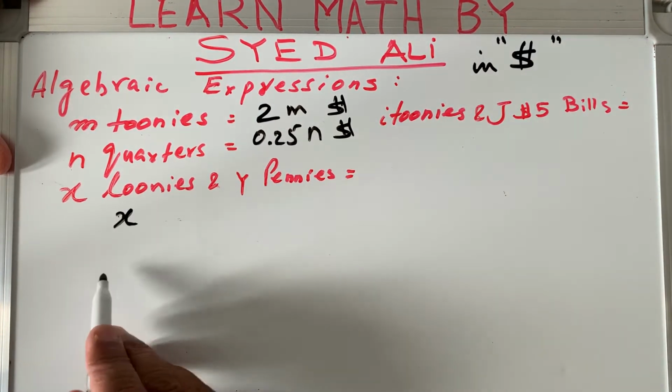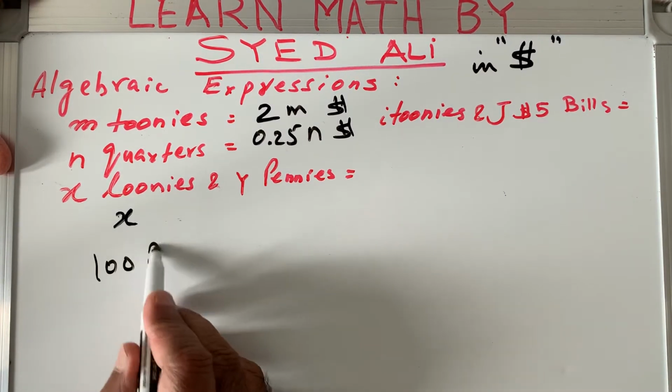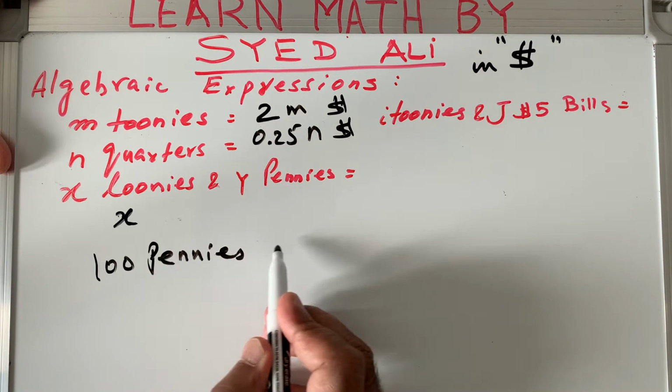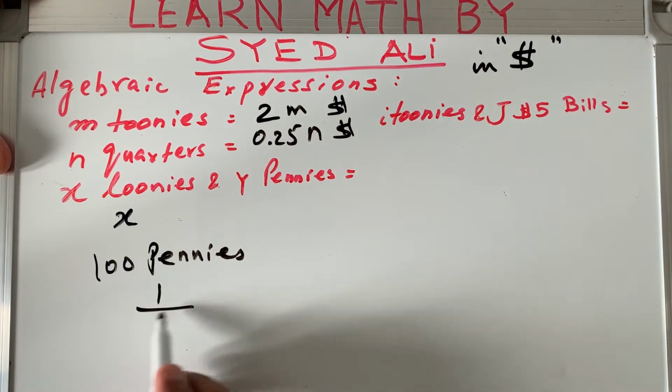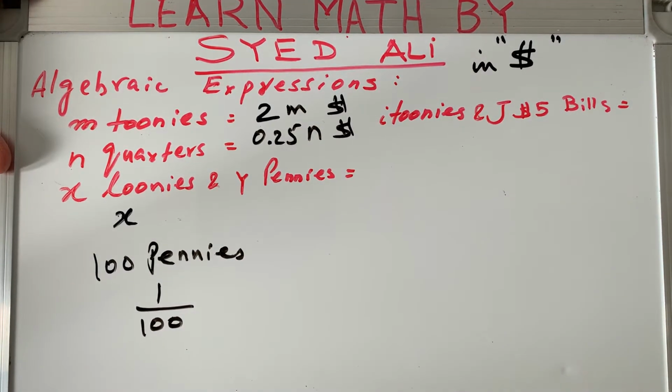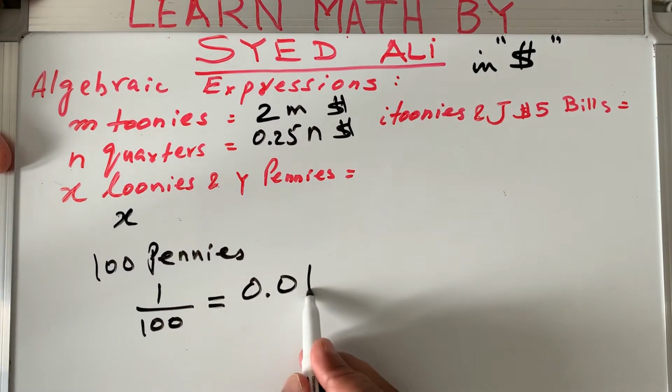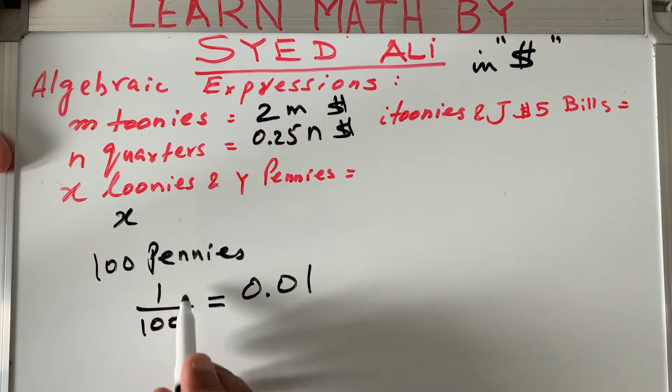Penny. There are 100 pennies in a dollar, right? That means 1/100. 100 pennies means a 1/100th part, and a 1/100th part in decimal is 0.01. The same thing, right?